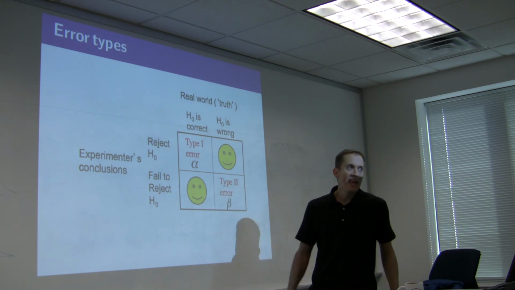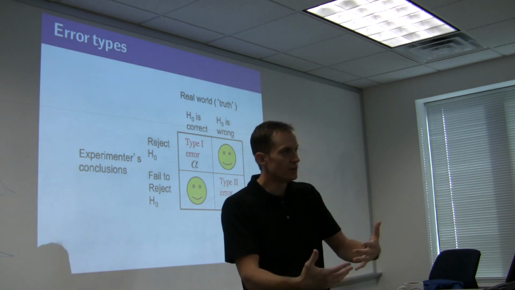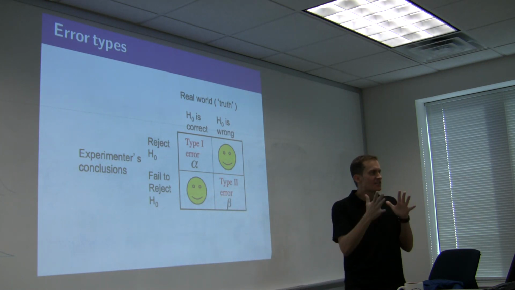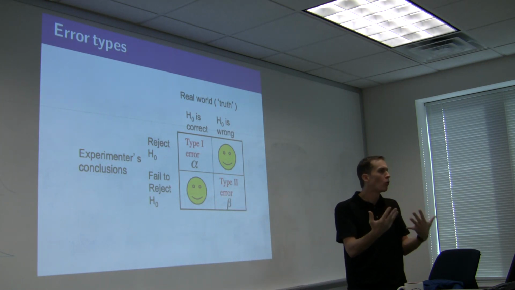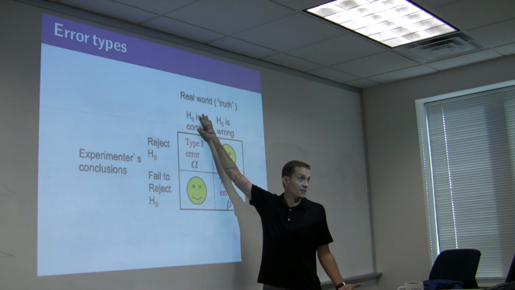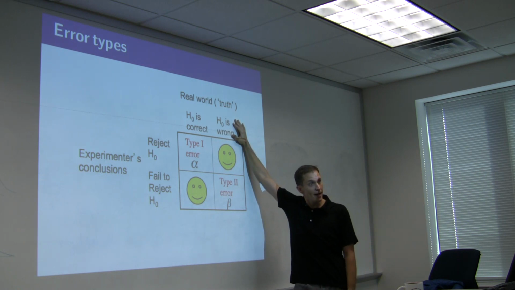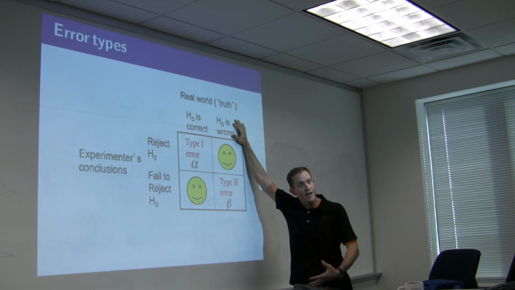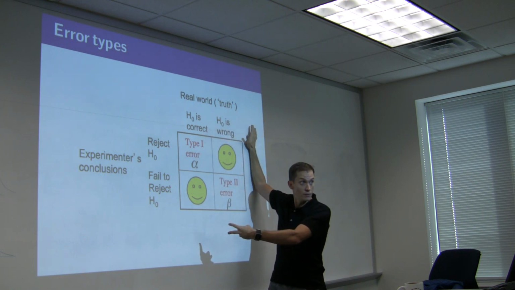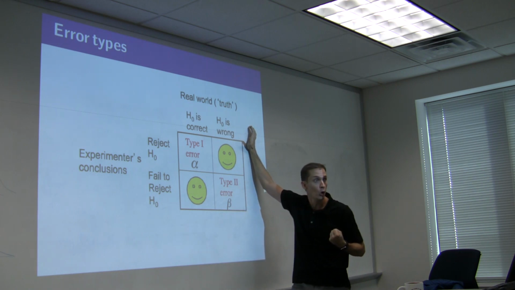Essentially, what you're doing is you're pitting your human experimenter decisions, either rejecting the null or failing to reject the null, against some objective real-world truth. Either the null is the correct hypothesis, that is, there's no effect, or the null is wrong, that there is an effect. So when you pit two possible decisions against two possible truths, you have two different ways to be right and two different ways to be wrong.